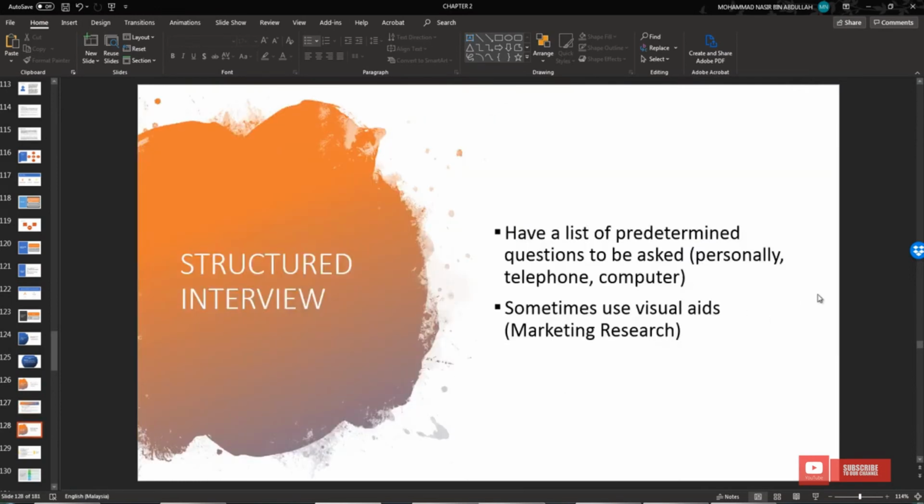So now let's go to structured interviews, right? A structured interview is where we have prepared a list of predetermined questions to be asked either personally, by telephone, or by computer, or video conference. Sometimes visual aids are useful for marketing research in a structured interview.